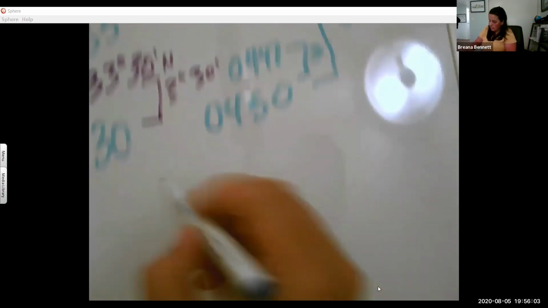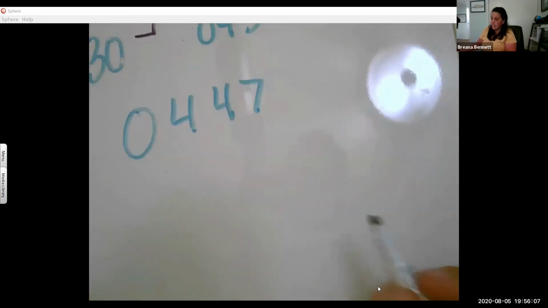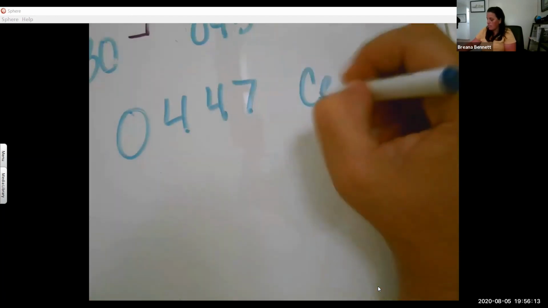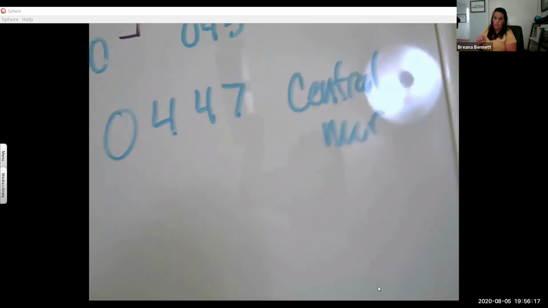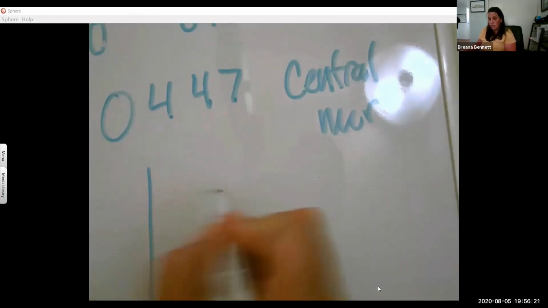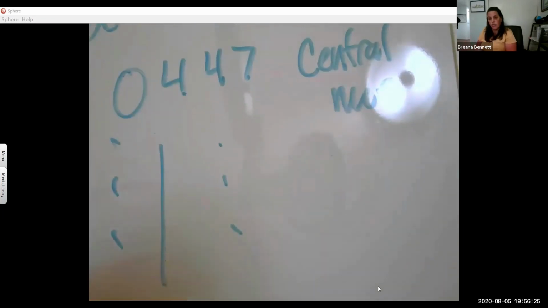So this 447 is the time on my latitude line that it passes the central meridian. But now I have to correct, am I to the east or west of that central meridian? So we do our arc to time.